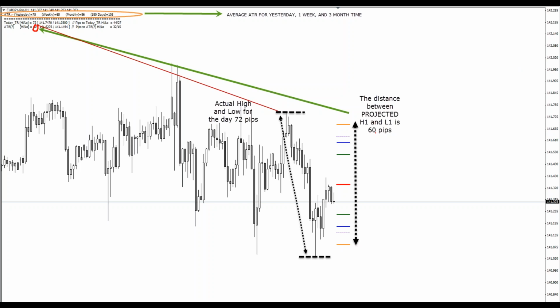So if the projected level was 62 and the price went up, you see 72 pips. It means that it overshot it. And it's a good thing because there you look for counter trend trading opportunities. You need to see the ATR level hit, and you need to see historical levels of support and resistance also being hit. Then, only then, you need to search for possible entries.